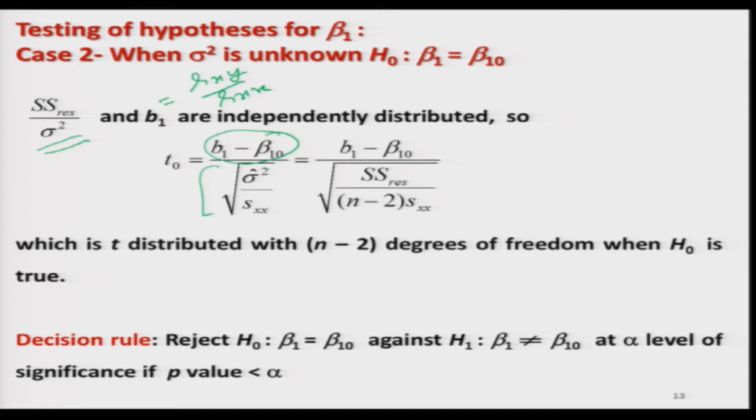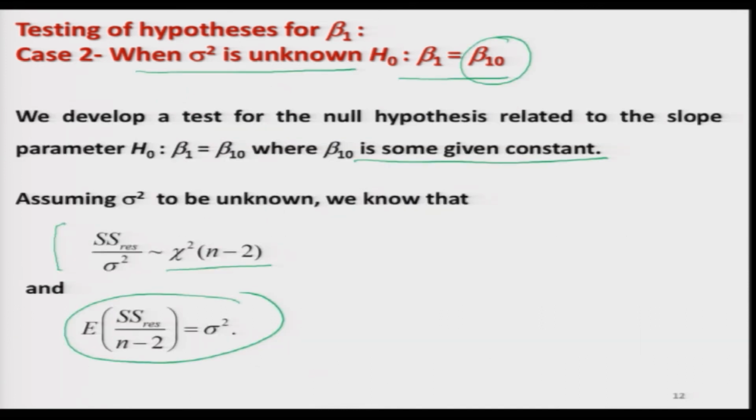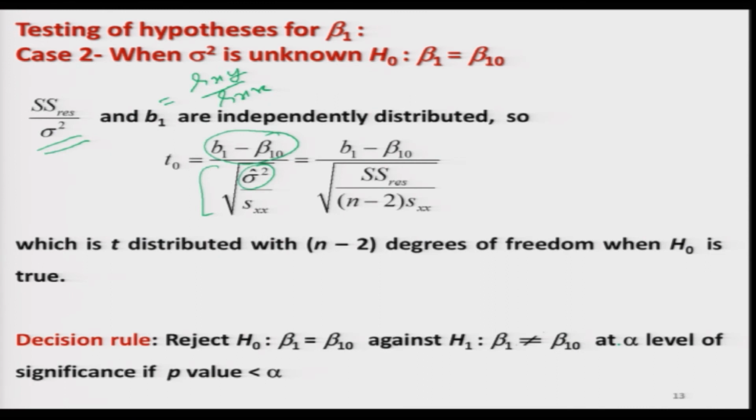Sigma square hat is what? From here you can write sigma square hat is SS_res divided by n minus 2, and if you write down this statistic, it will follow a t distribution with n minus 2 degrees of freedom when H naught is true. Right, so this simply follows t with n minus 2 under H naught.